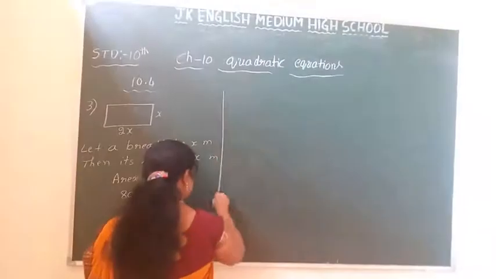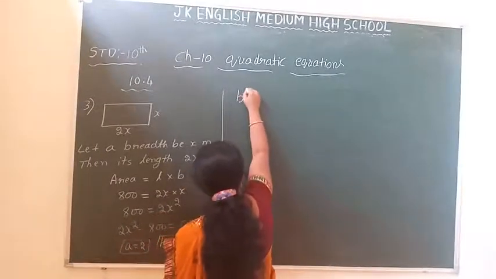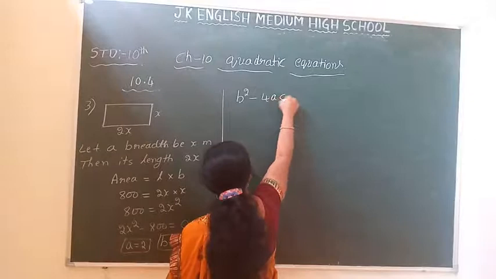So now I use the rule b square minus 4ac.